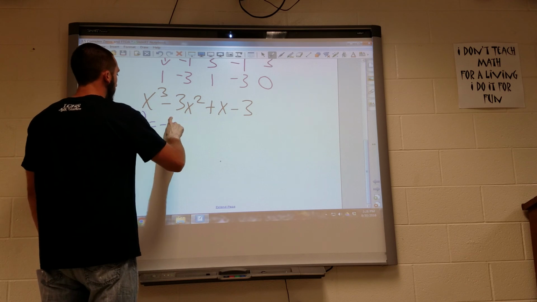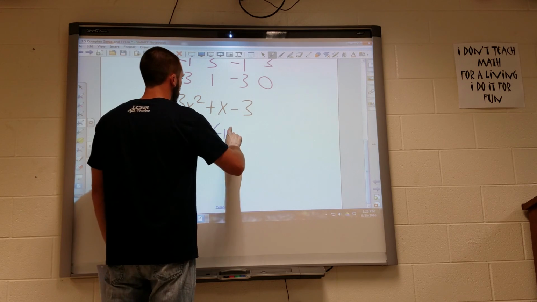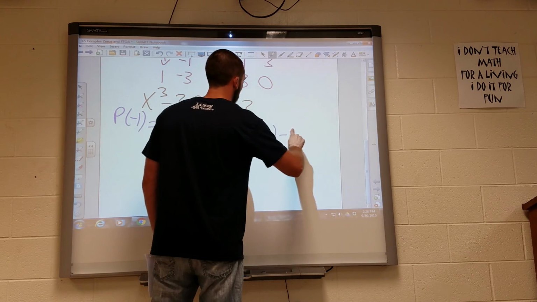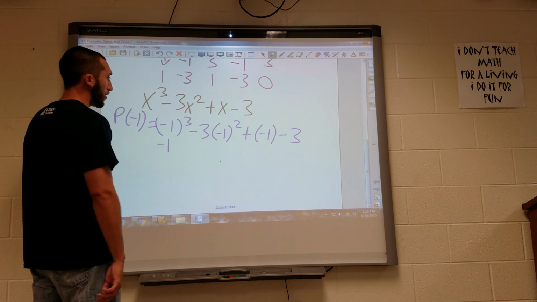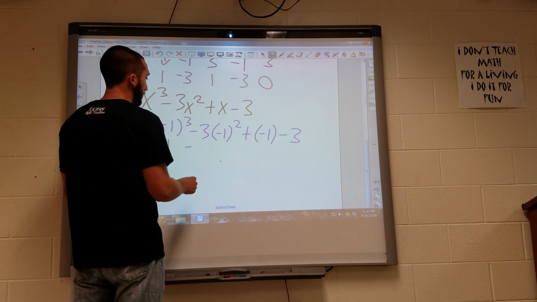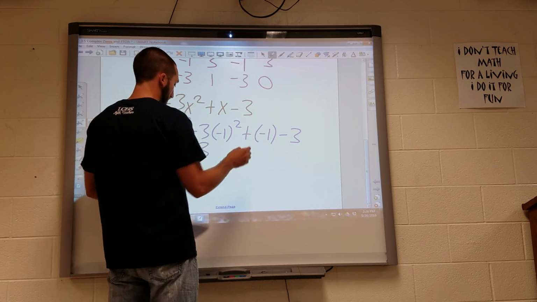So I get negative 1 cubed minus 3 times negative 1 squared plus negative 1 minus 3. So negative 1 cubed gives me a negative 1. Minus 3 times negative 1 squared gives me negative 3. Plus a negative 1.